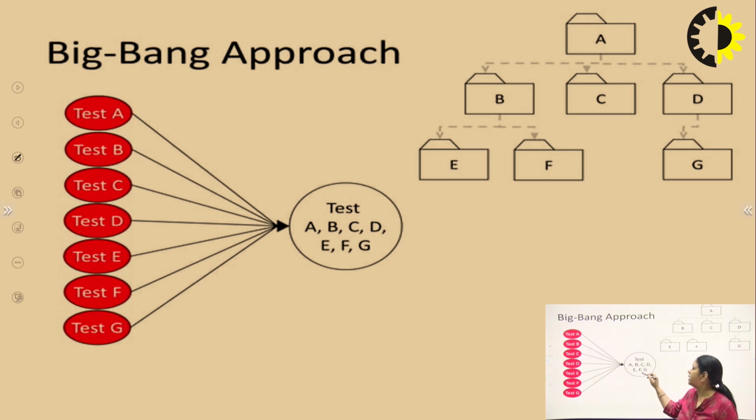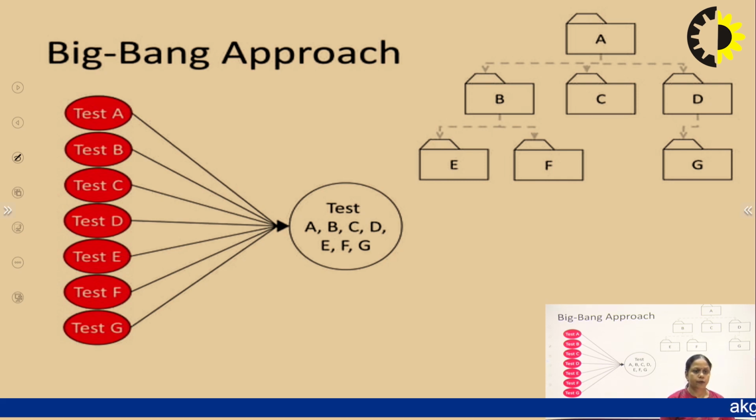We will not start our testing if we get A, B, C and do not have D or E. We have to start when we have created all the modules which are required, A, B, C, D, E, F, G. Then we can start our Big Bang approach.